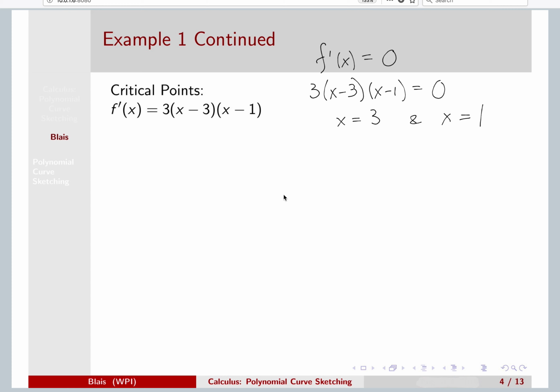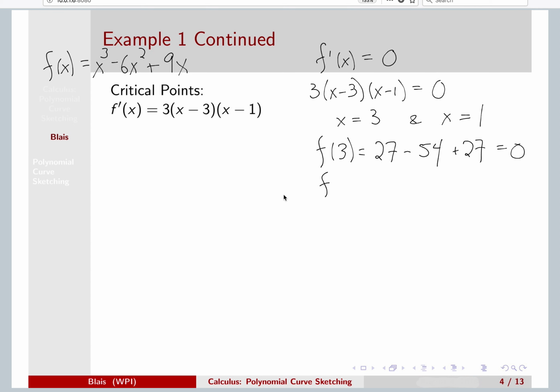We want to find the points themselves. So f of 3, and remember, f of x was x cubed minus 6x squared plus 9x. So plugging in 3, we get 3 cubed, or 27, minus 6 times 9, which is 54, plus 9 times 3 is 27, which adds to 0.